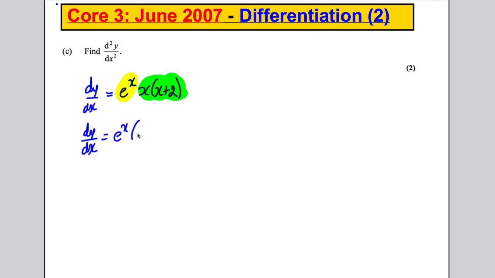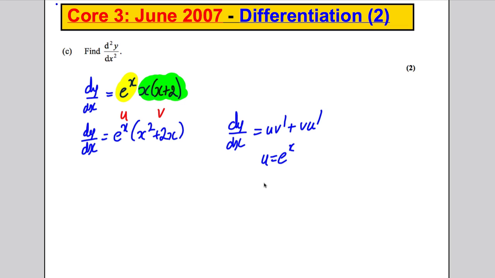E to the x, x squared plus 2x. So this is our u, and that's our v, and we're going to use the product rule again that says dy by dx is uv dash plus vu dash. We've laid out our u as e to the x. Our u dash is therefore e to the x.